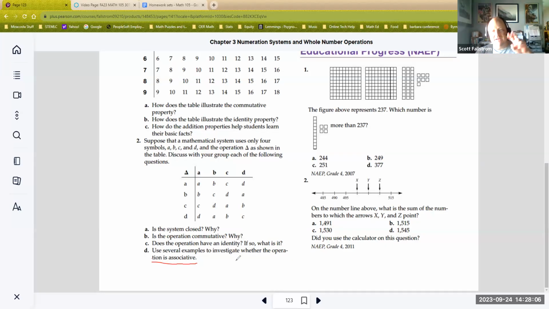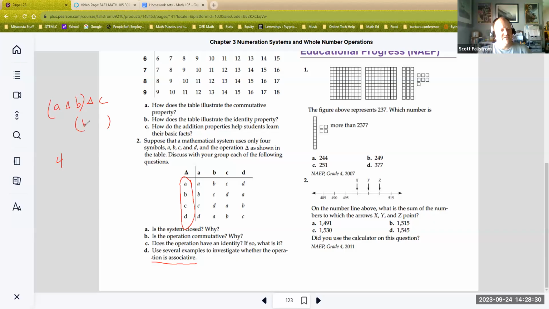Now for part D, I'm okay if you wanted to do like 3 examples and kind of say, okay, I can see it is. Associativity is the longest one to check because you have 4 symbols you could put in the first one. So if you think about what do we have? Triangle B, triangle C. So here's kind of the associativity, right?